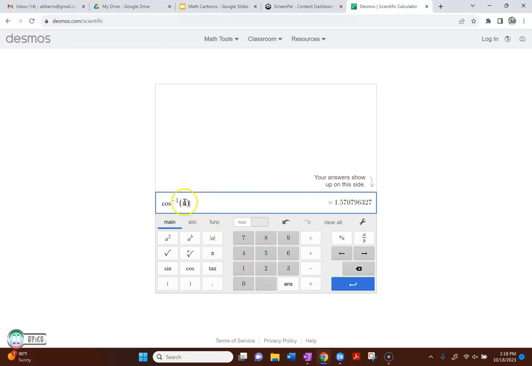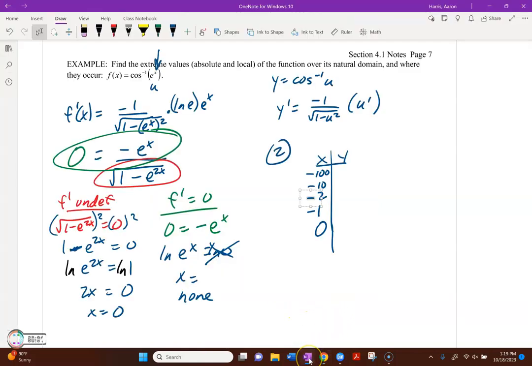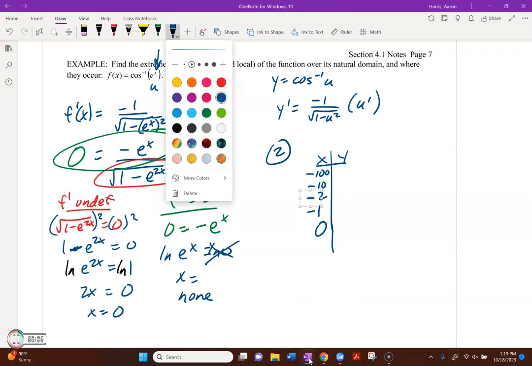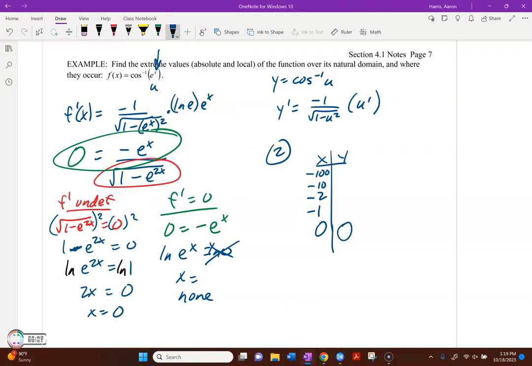Oh, I'm sorry, e to the 0. Which is arc cosine of 1, which is 0. So I'll write that in. That one ends up being 0.